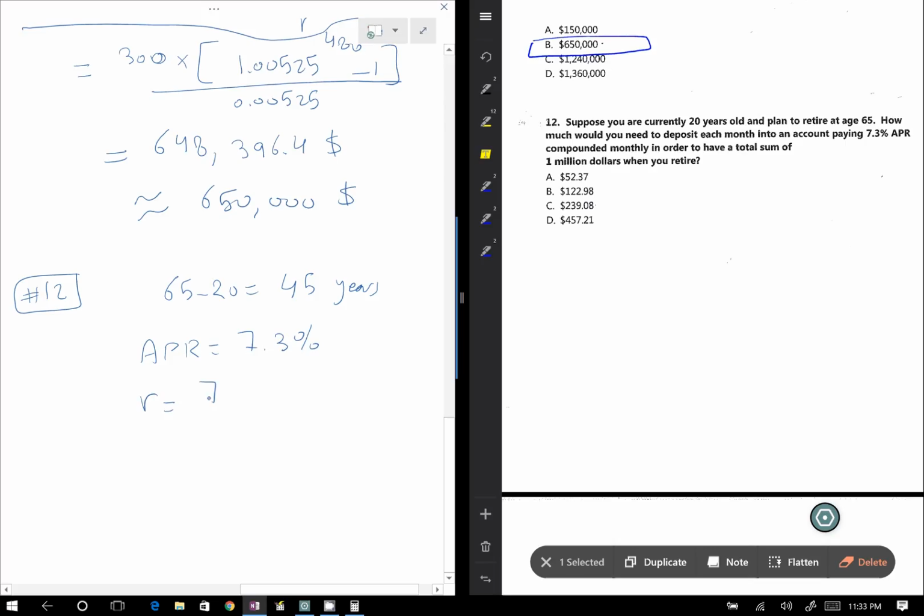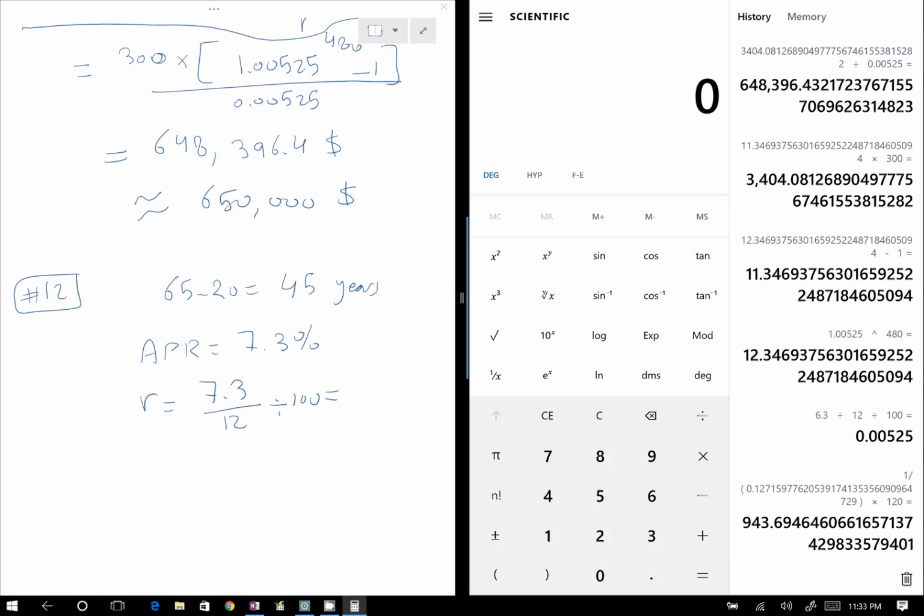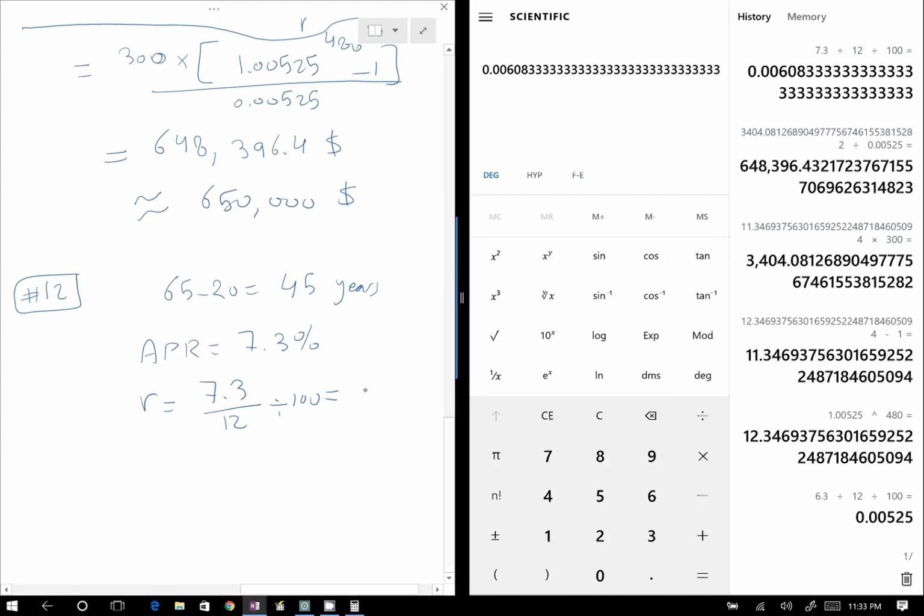So R immediately, I should say, 7.3 divided by 12 divided by 100, 0.00608. Actually, you know what?